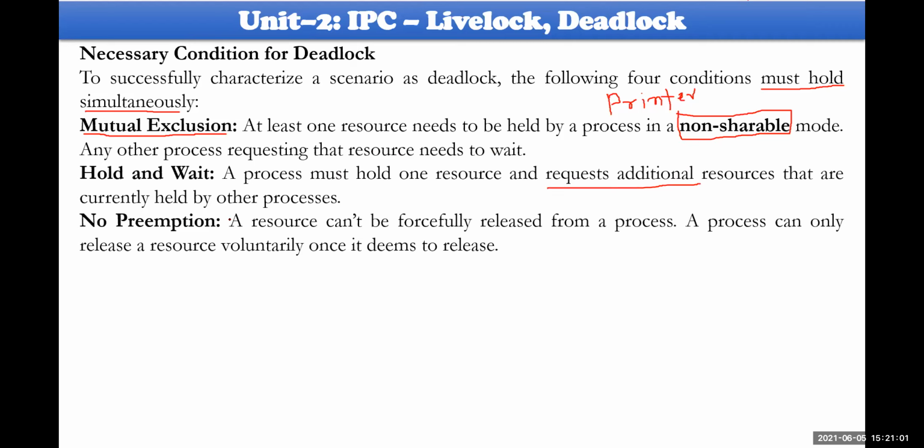Then no preemption: a resource cannot be forcefully released from the process; a process must always release resources only voluntarily. Certain resources are held by the process, and they are never preempted or released until the process completes.